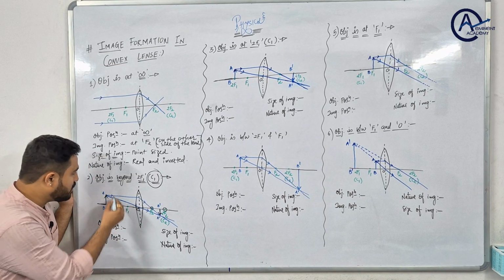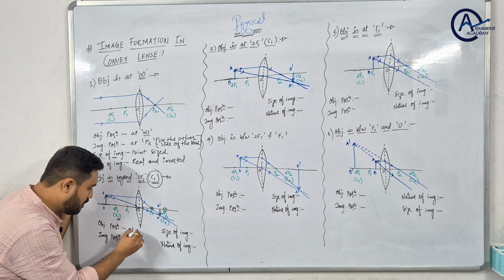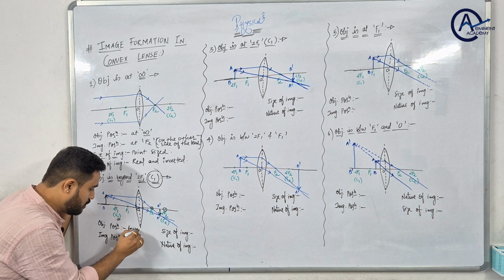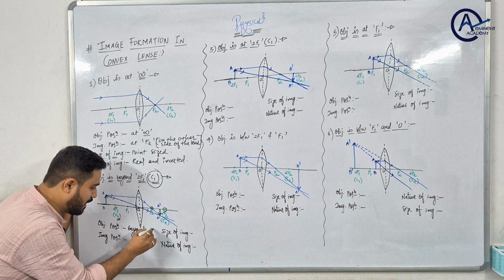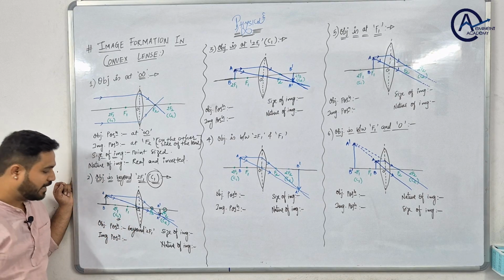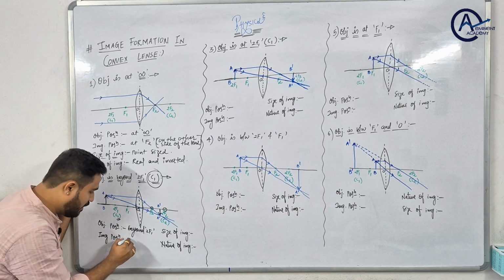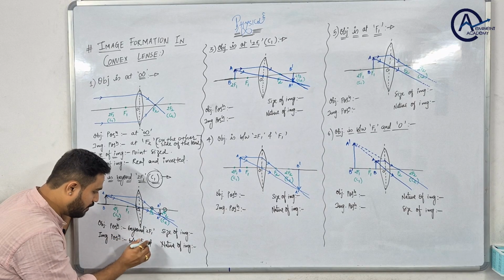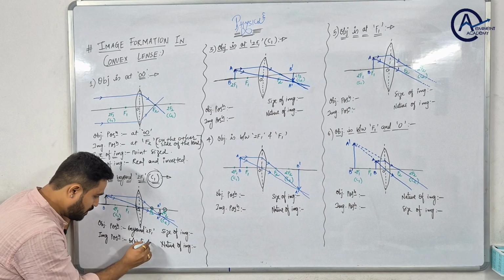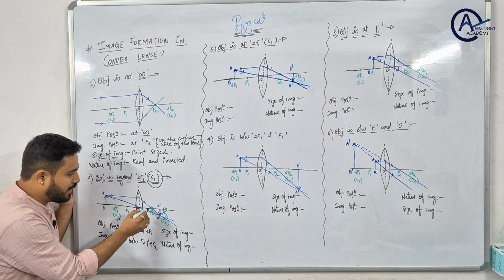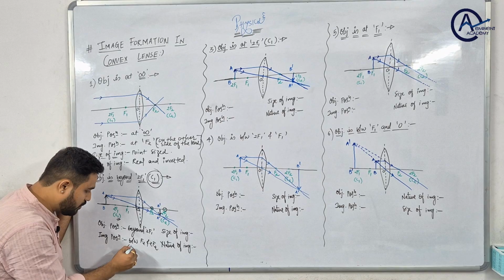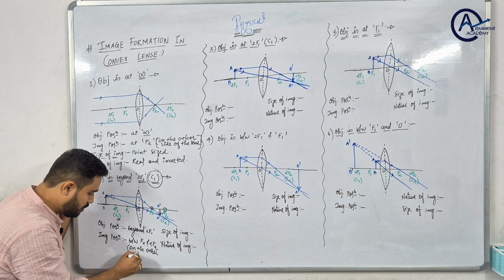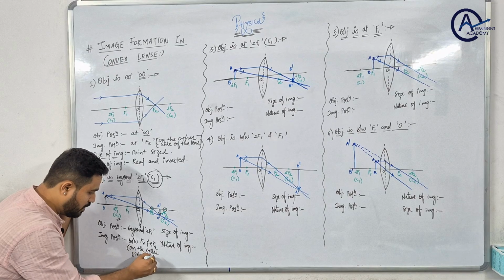So the object position is beyond 2f1, that is c1. Image we are getting between f2 and twice f2, on the other side of the lens.